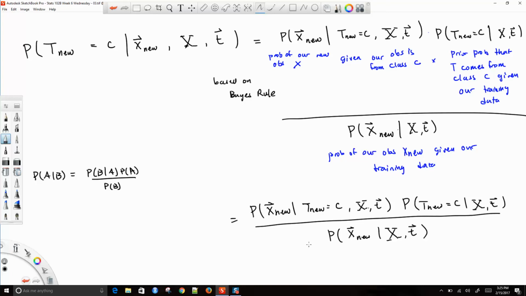Okay, this part here, we're going to sum across all of the different classes that we have, okay? So this part here is going to become the probability of x new given some class C prime.